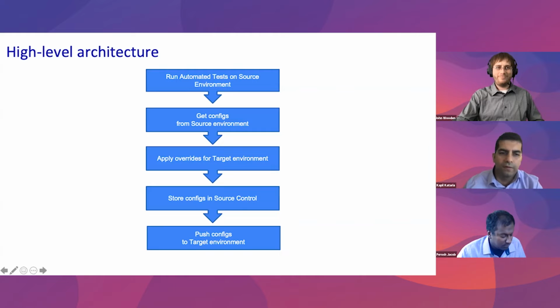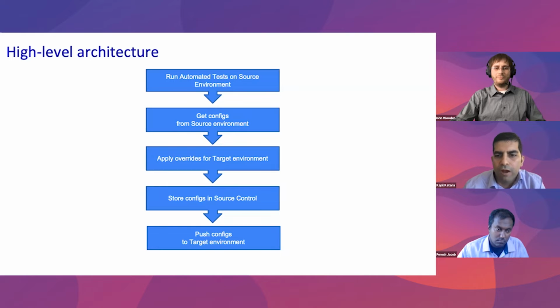Hey, thank you, John, and welcome everyone. To solve the second and third problems, we want to make sure our source environment, from where we are going to promote changes to the higher environment, looks good. To achieve that, we added some BDD test cases.